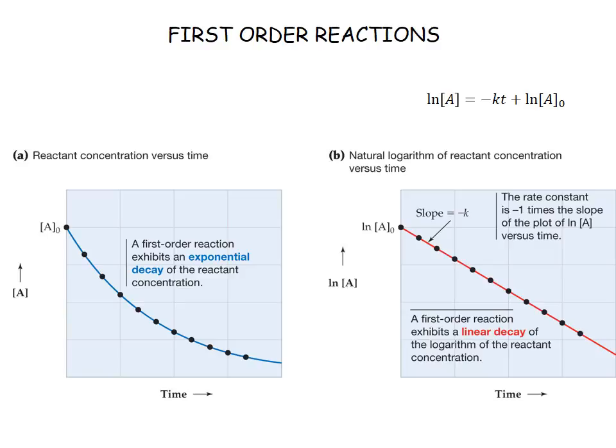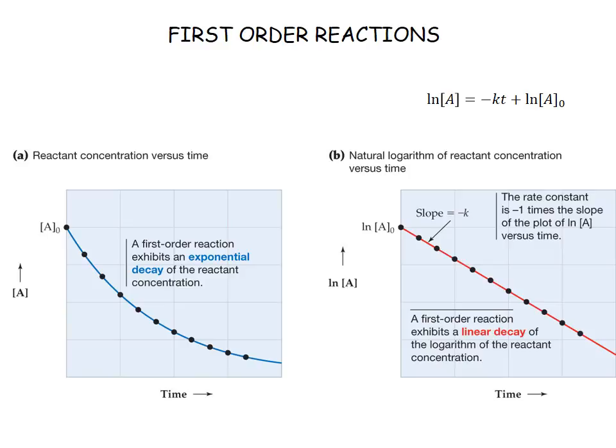Below that is the plot of natural log of A along y as a function of time, lowercase t, on x. Because the equation is a straight line equation, if you plot natural log of A as a function of time and get a straight line, that implies the reaction is first order. The slope is equal to negative k, and the y-intercept is equal to the natural log of A at time 0.